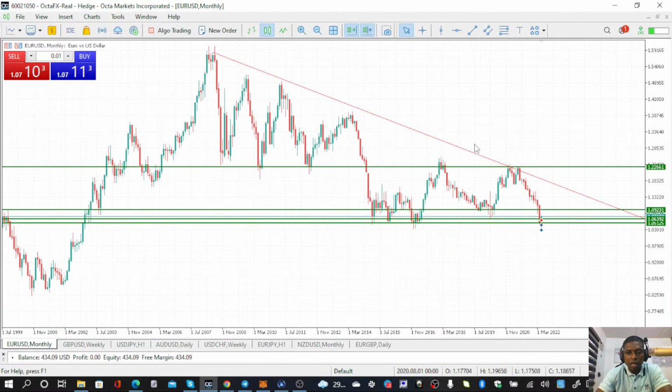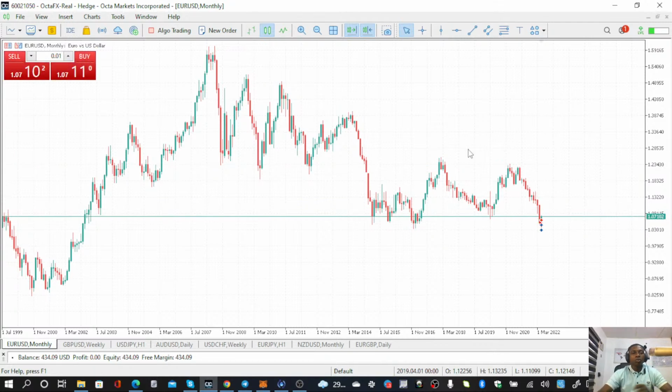As you can see on the monthly chart, let me clean up all this chart so that we can have a clear chart to work with. So we start with the monthly chart. The first question is, what is the current market structure?